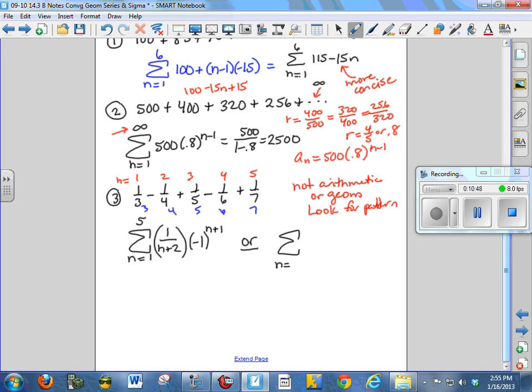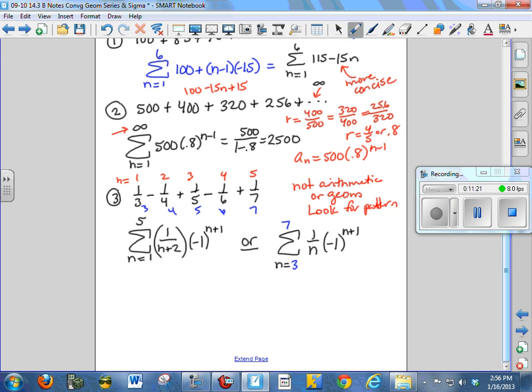We could say n equals 3 to 7 of 1 over n times negative 1 to the n plus 1. Oh, do I need to do n plus 1? Yes, I do, because that's an odd number. So 3 plus 1 is 4. That gives me a positive number for my first term, which is what I want. So that's another way to write it. There's actually multiple ways to write it, depending where you want to start.